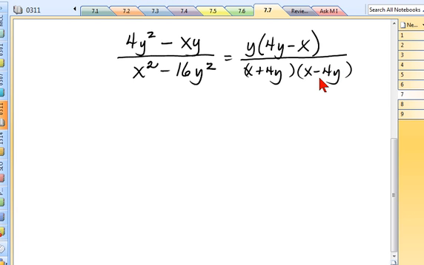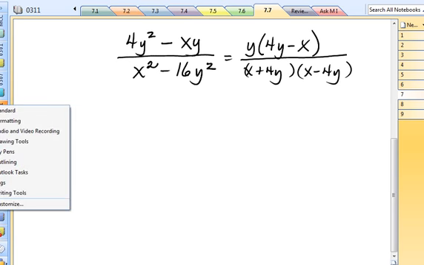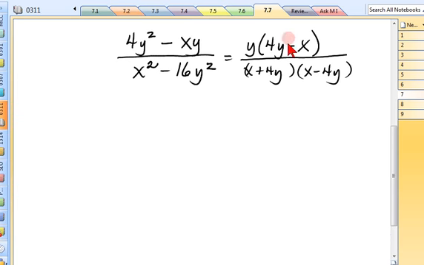There are not any identical factors, but do you see anything that we need to talk about? Yes, we see that this factor and this factor are opposites. They are complete opposites, 4y minus x and x minus 4y.